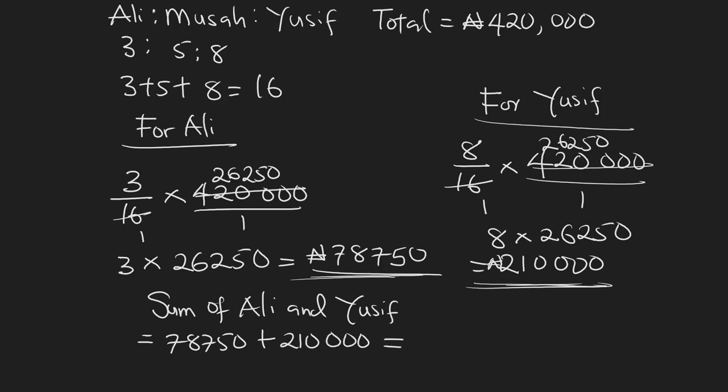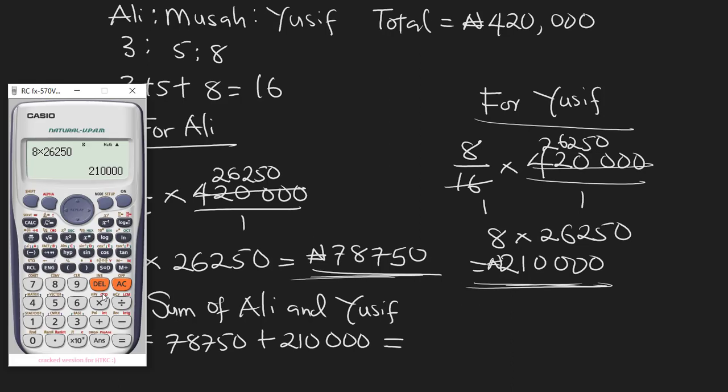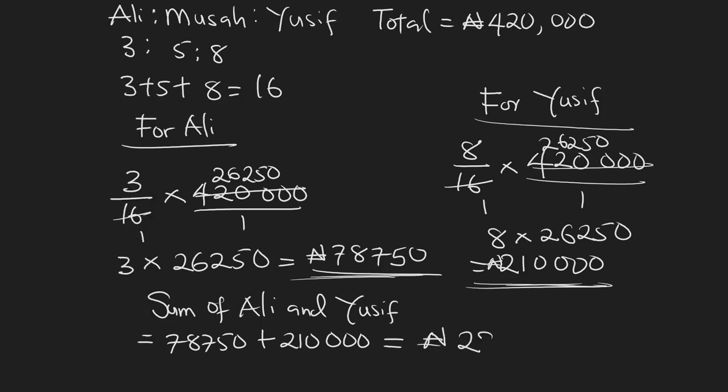So if you add this, let's use our calculator. We already have 210,000 here, then plus 78,750. So the total is 288,750. So this is the summation of Ali and Yusuf's share, right?